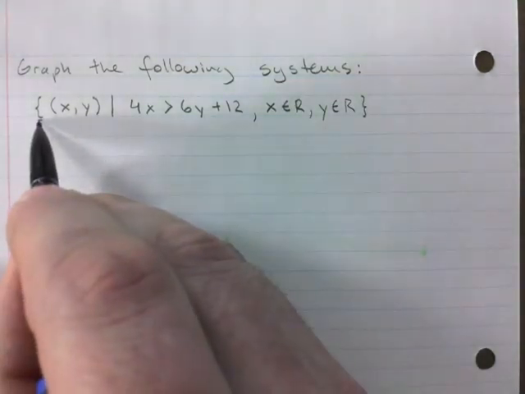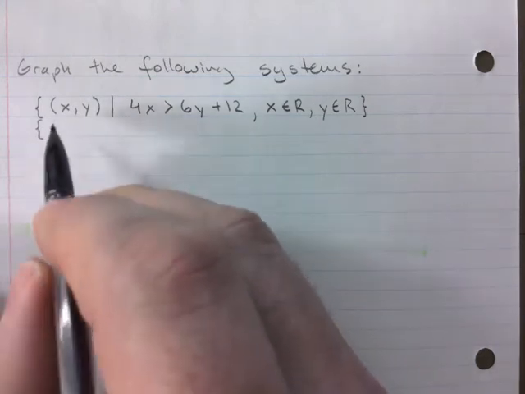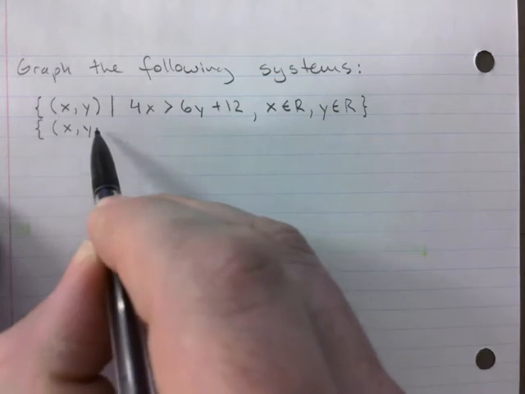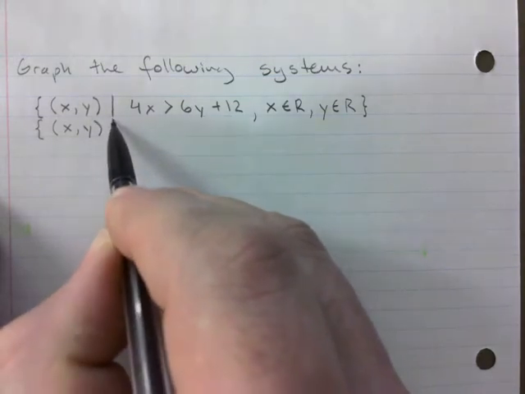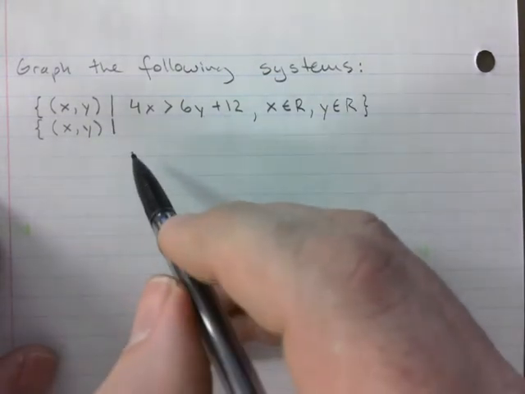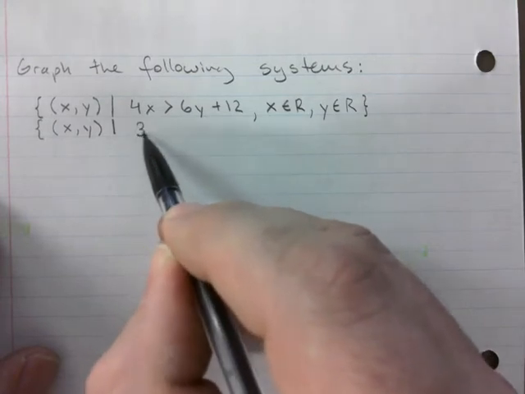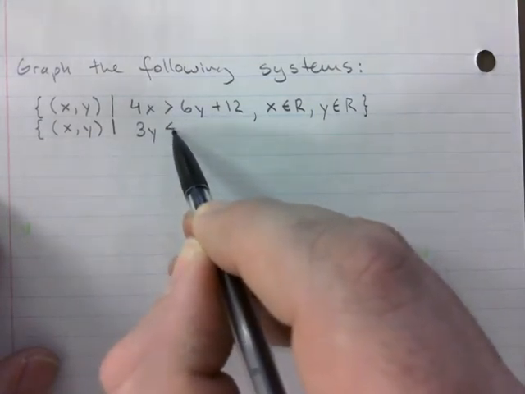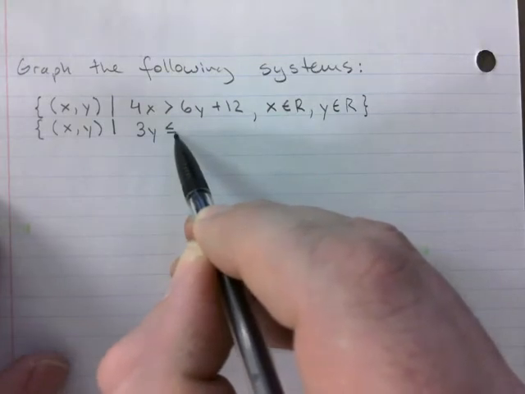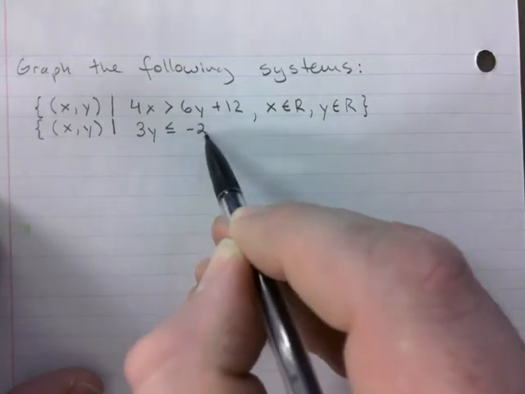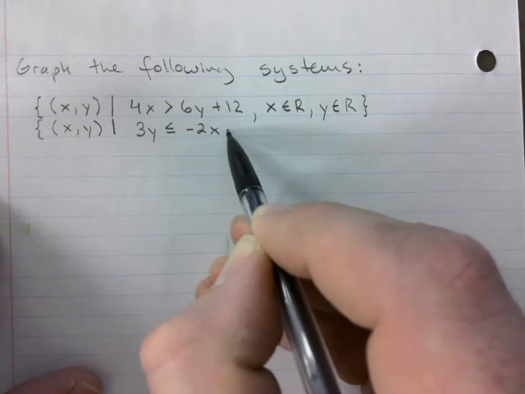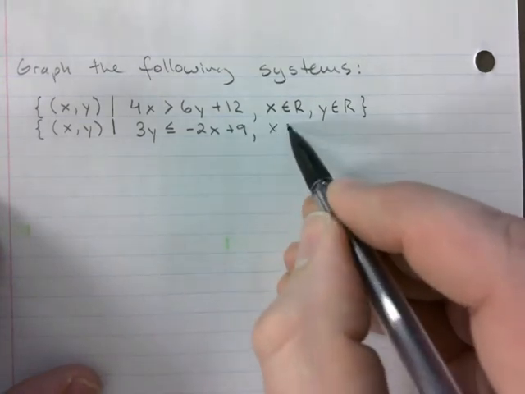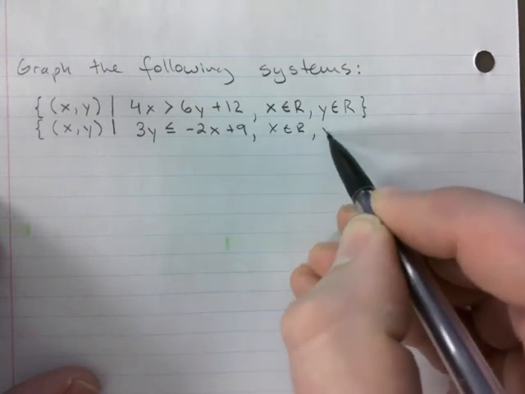And the second one, and by the way, I'm introducing you to something we call set notation, which will come back in grade 12. So then you're not scared. This is 3y is less than or equal to minus 2x plus 9. x is part of the real numbers.